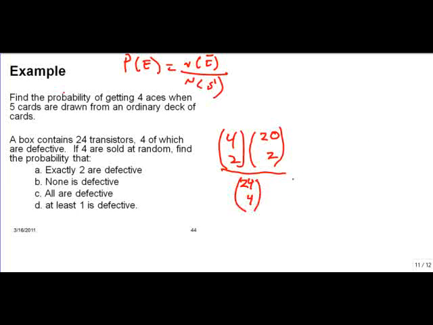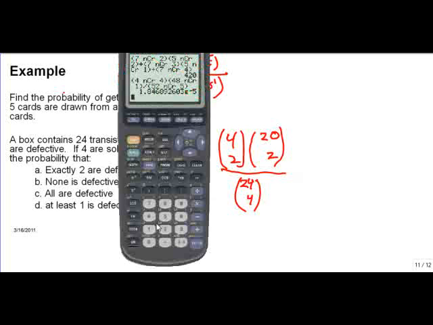So that's the setup. We can easily compute this by going 4 math PRB 3, 4 choose 2, times 20 math PRB 3, 20 choose 2, close, divided by open bracket 24 math PRB, I should be saying, menu option 3, so 24 choose 4.